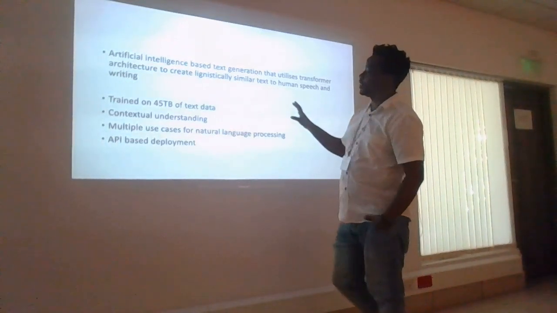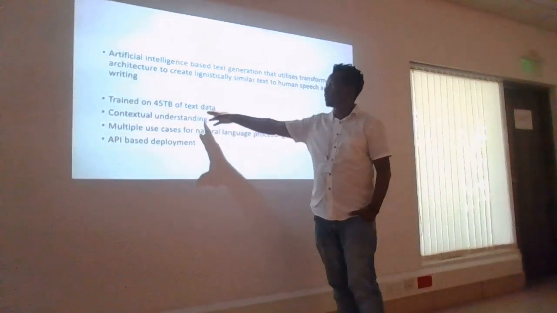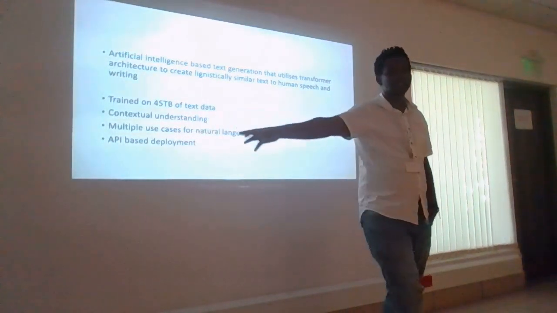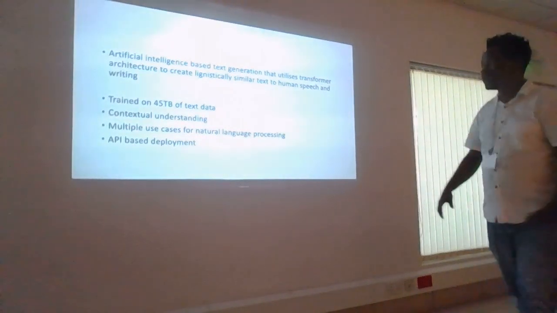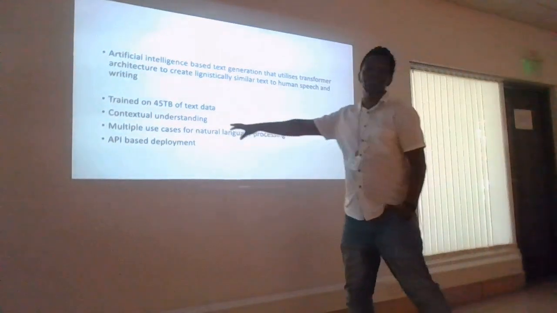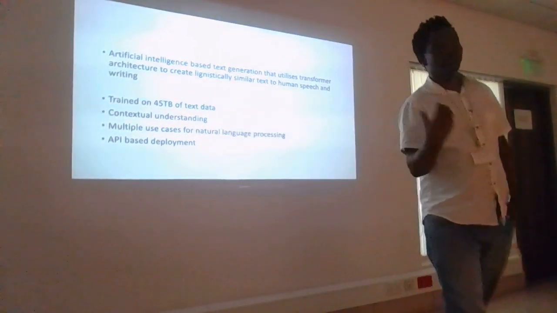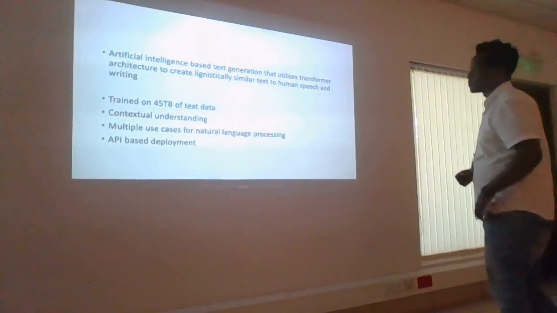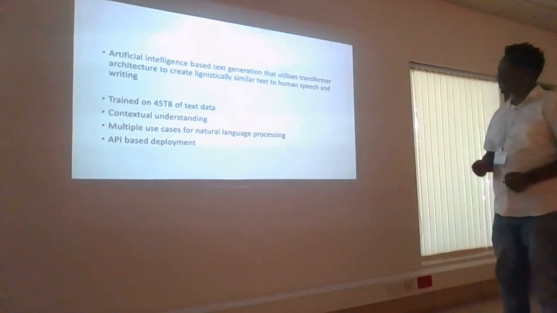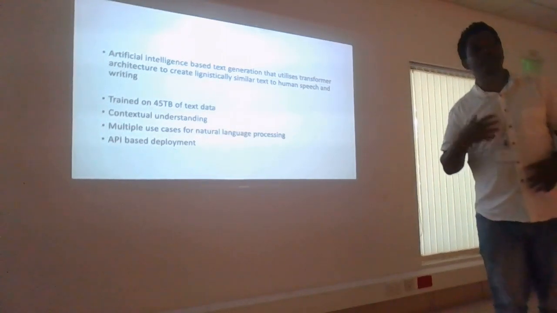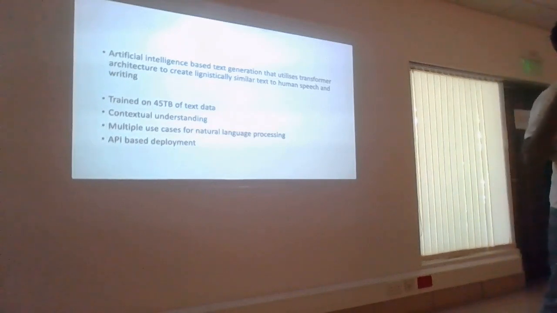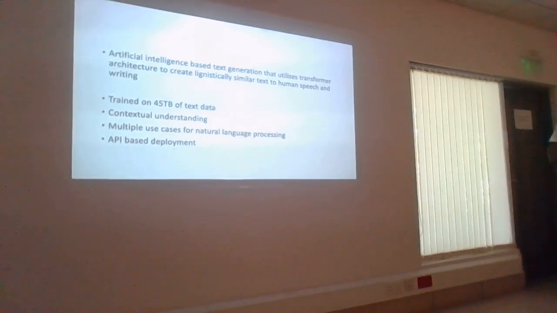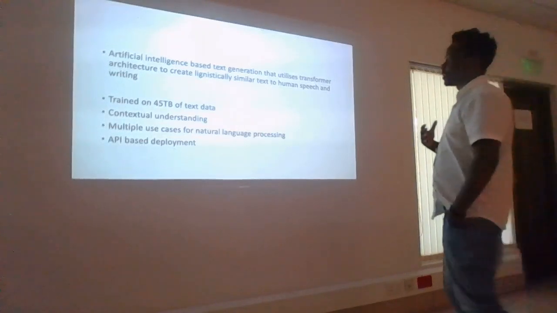I think as of version 3.5 or 3 it was trained on over 45 terabytes of text data. And it offers this contextual understanding of this data, and it can pull things that are related in a much deeper, meaningful way, and also how quickly it can go through the text, much faster than what humans can do, and therefore quite intriguing.